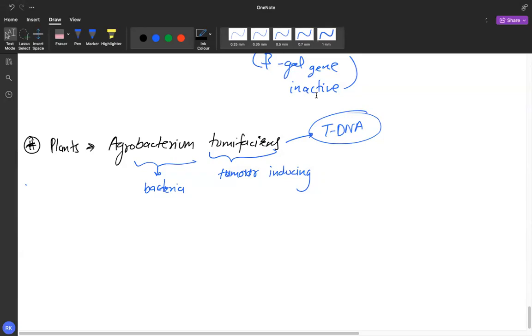And now it becomes a cloning vector, ready to use. Right? Makes sense, everyone? So the tumor inducing plasmid, the tDNA, we took it, modified it into a cloning vector. Now it has no more pathogenic role to play, but we can use it to very successfully deliver any foreign gene to a plant. Yes? No?